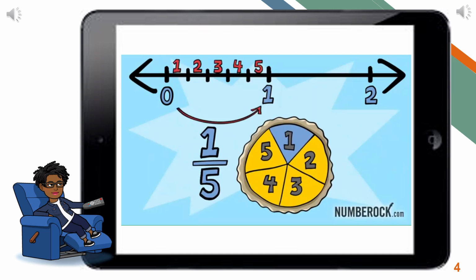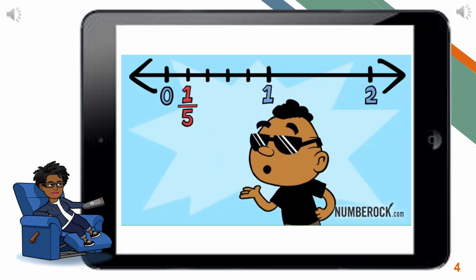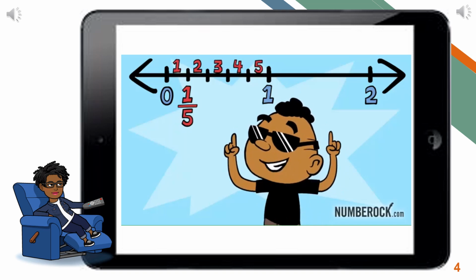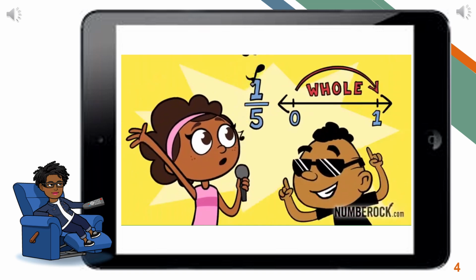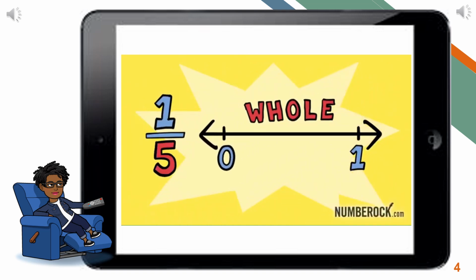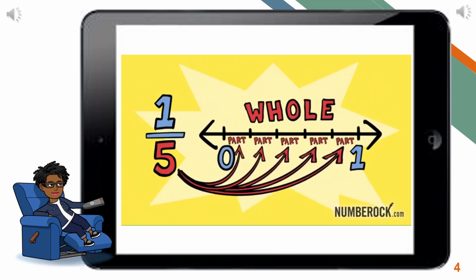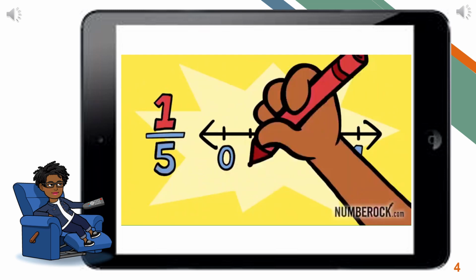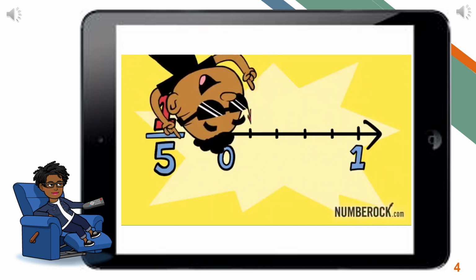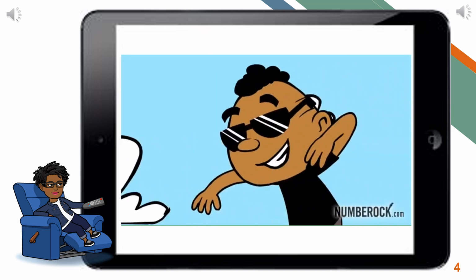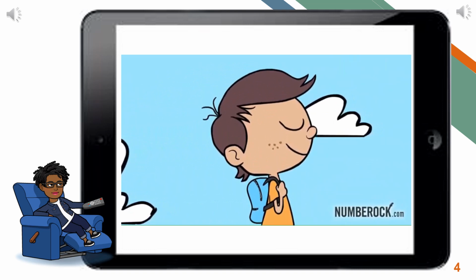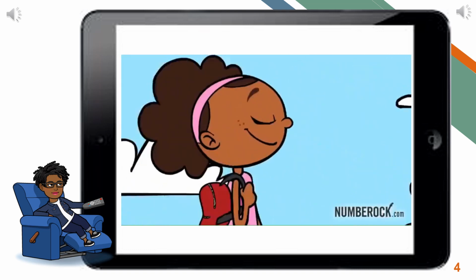Make 5 equal spaces from 0 to 1. Now the final step before we're done. The numerator is the one piece that's mine. After the first space, I'll write 1/5 of the line. Just remember this one tip in your minds, always count the spaces, never the lines. Make a line that starts from 0 to the first mark, and 1/5 is what you'll find when you get that far.